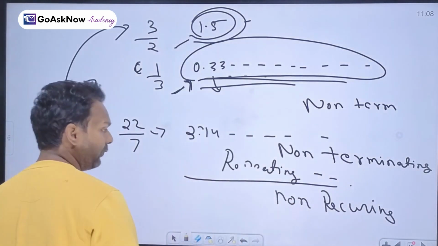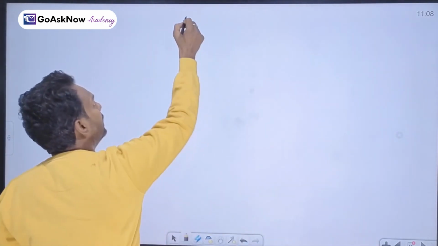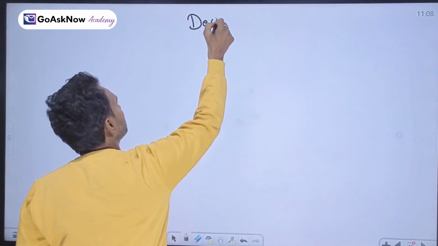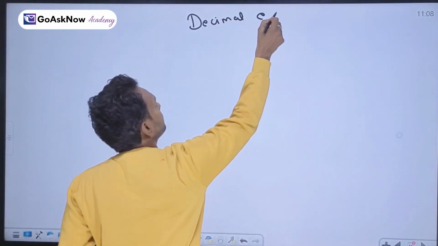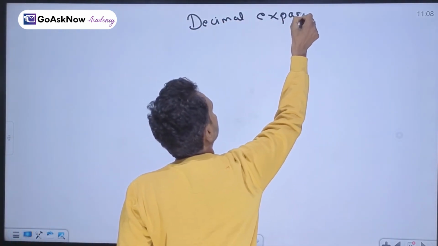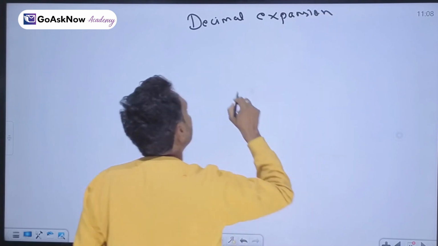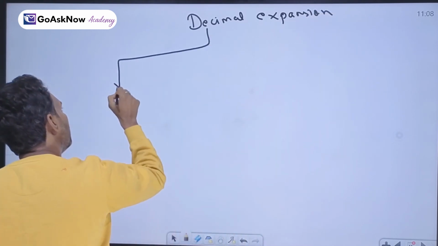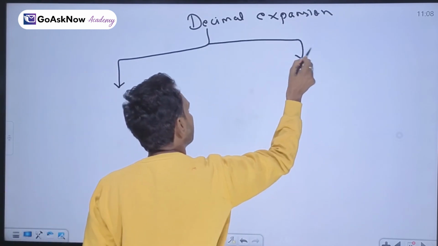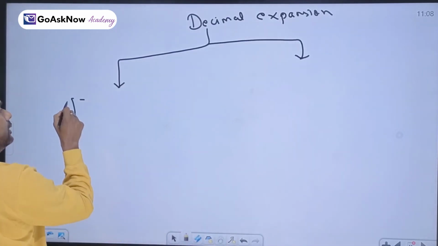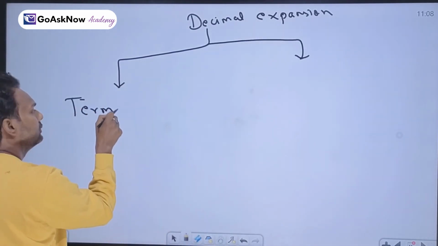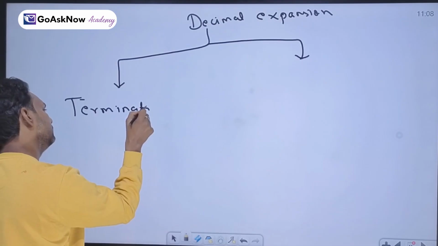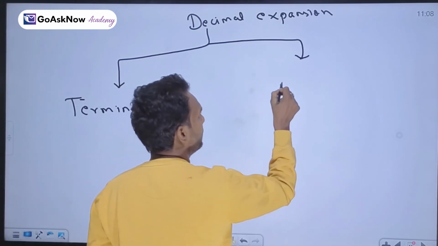So we can classify decimal expansion into 2 main parts, that's terminating and non-terminating.